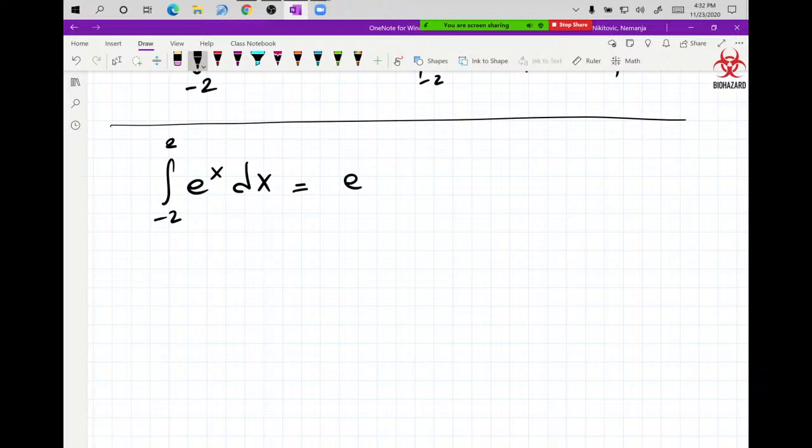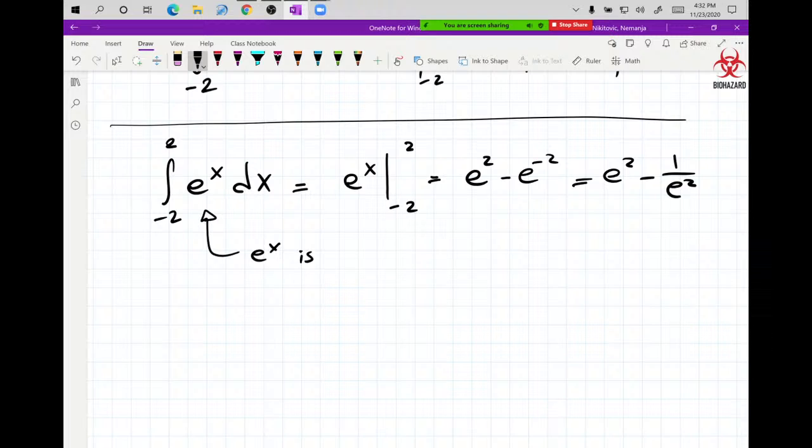So you would actually have to go e to the x computed from negative 2 to 2, and you get e to the 2 minus e to the negative 2, which is technically e squared minus 1 over e squared. e to the x is not even, not odd. So the formula doesn't work. Even though you have the negative 2 and 2 symmetric interval, the formula does not work.